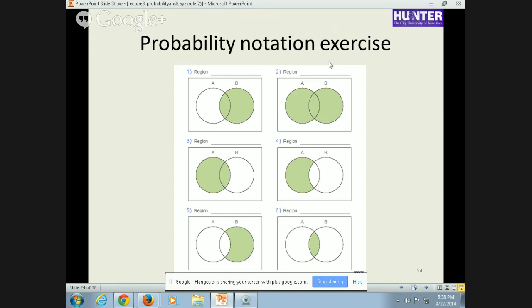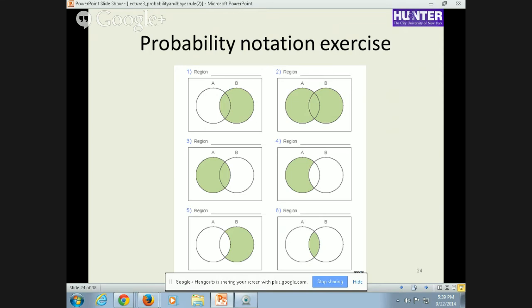Can we go back to number one? Yep. Isn't it B and A union B? Number one, this probability, this is it. All of B is shaded, regardless of whether it's in A or not.